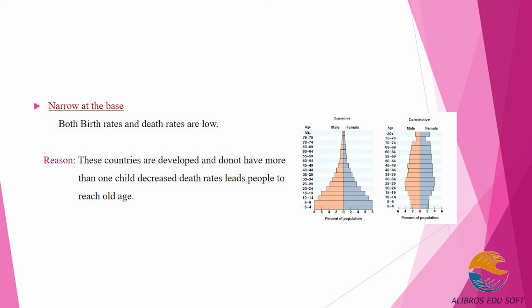The reason for formation of such kind of pyramid is that these countries are developed and people do not have more than one child, and the decreased death rates allow people to reach old age. Example of such a country is Japan.